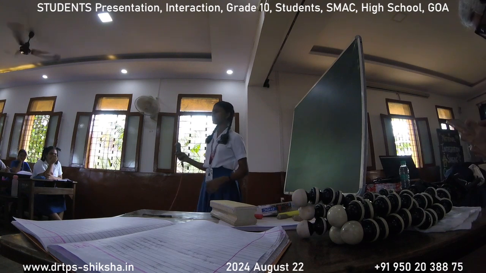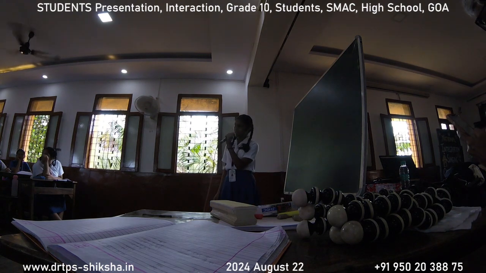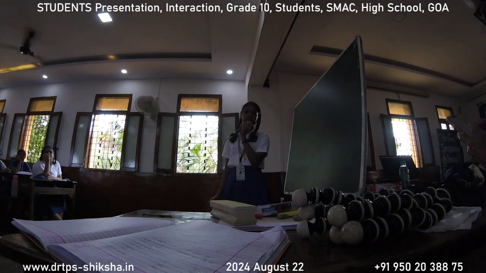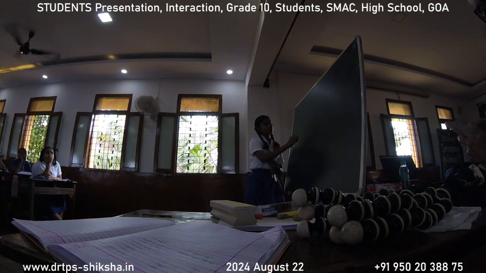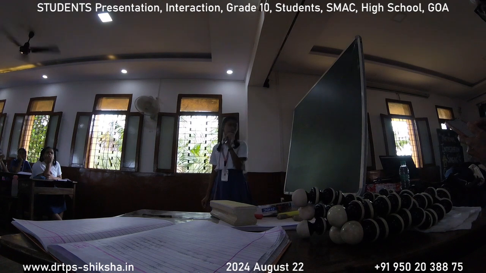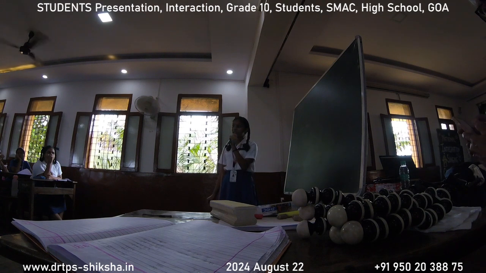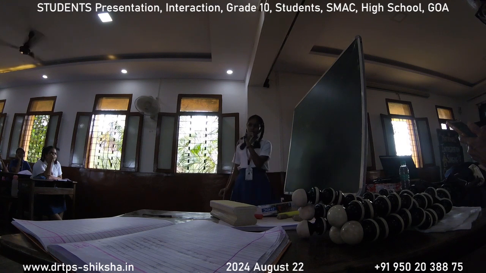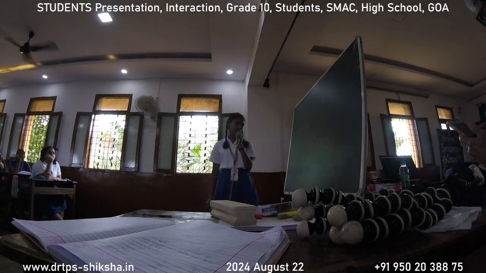Yeah, continue. So I'm going to teach momentum as DrTPS taught us yesterday. Basically the formula of momentum is P equals m times v, where m represents the mass and v represents the velocity of the object.